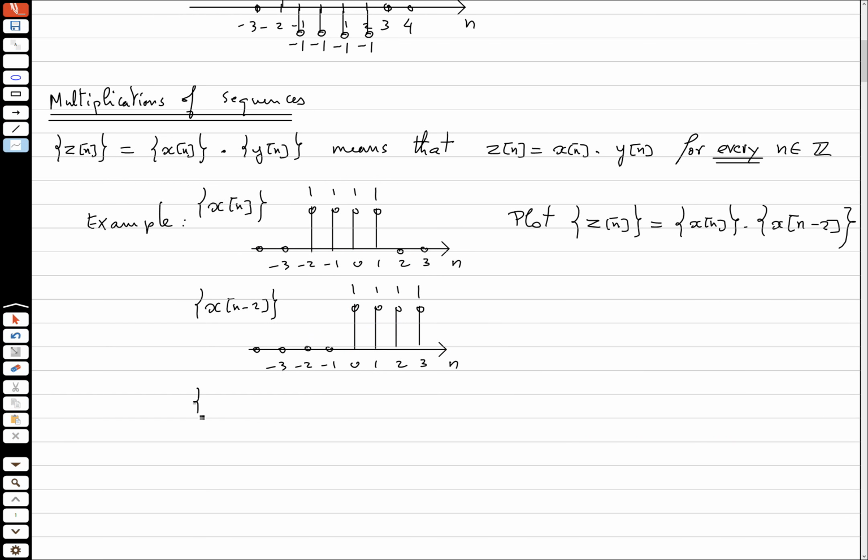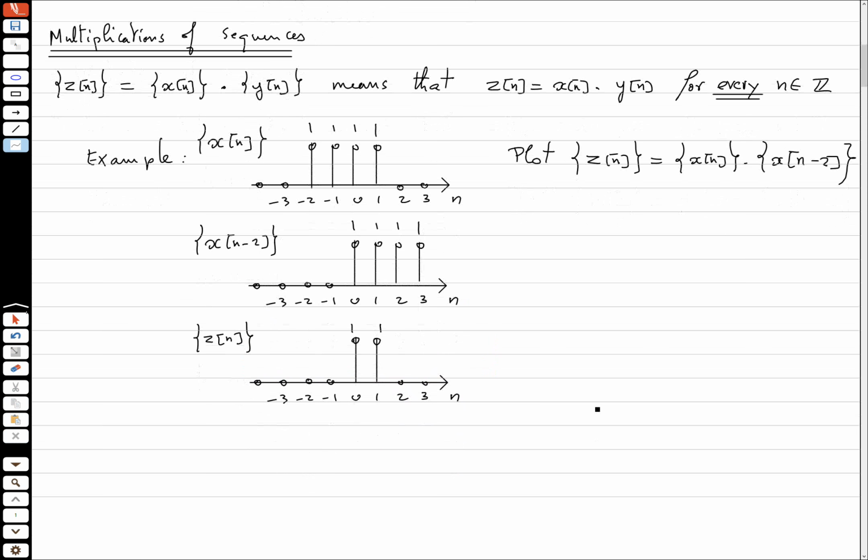Can you tell me what is going to be z of n? That's correct. It's just going to be like that. So this is z of n. Everybody agrees?